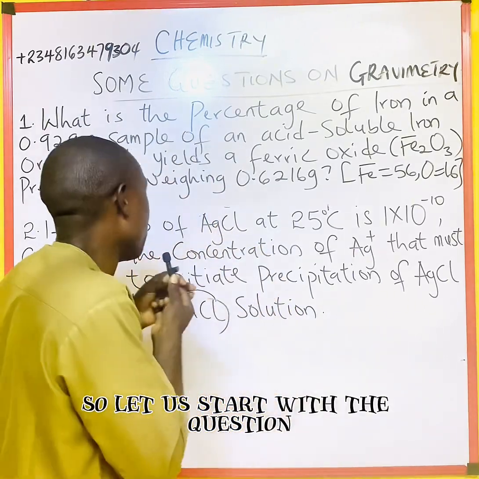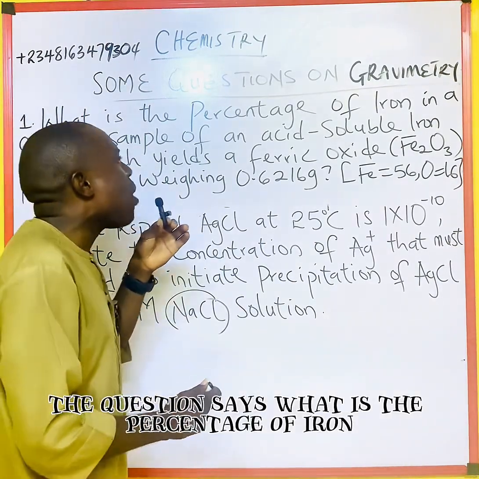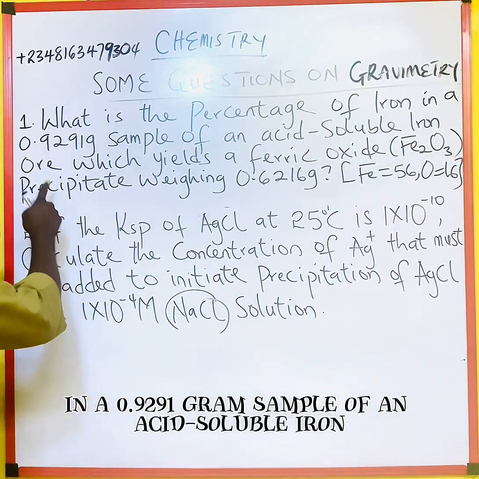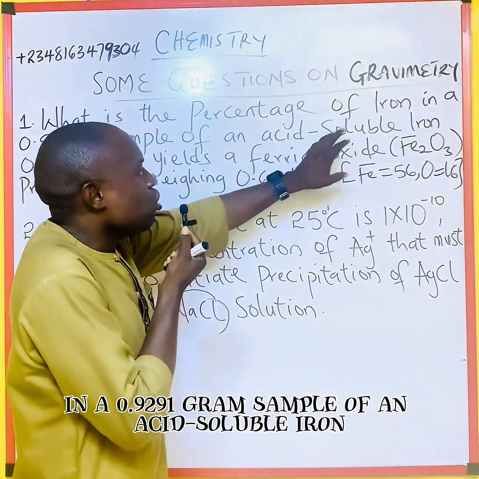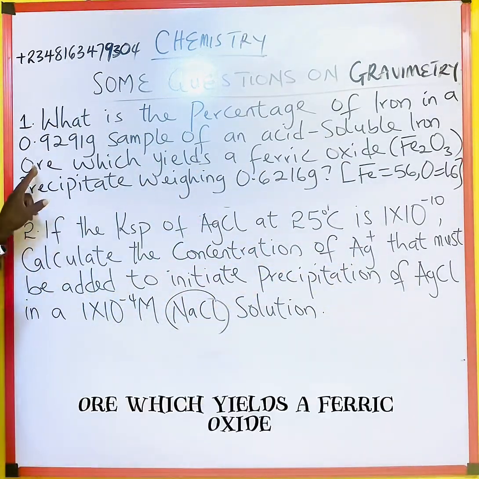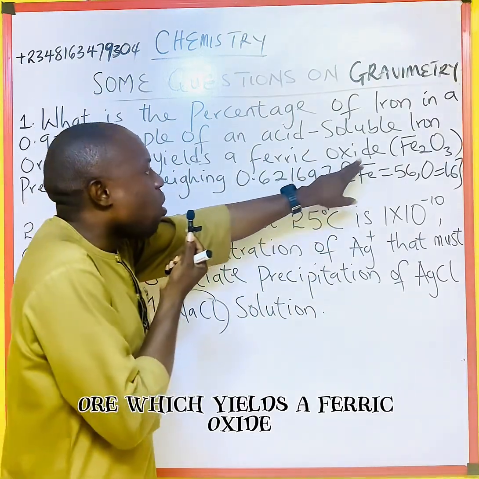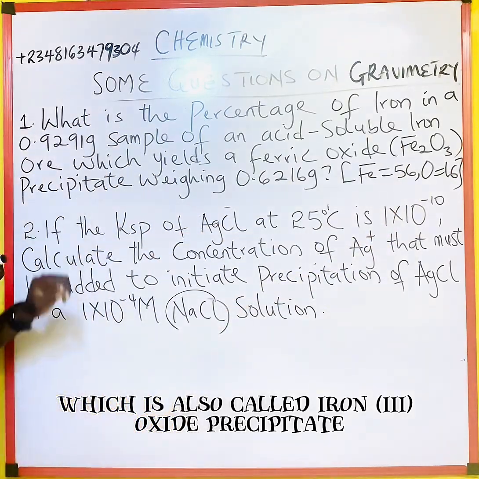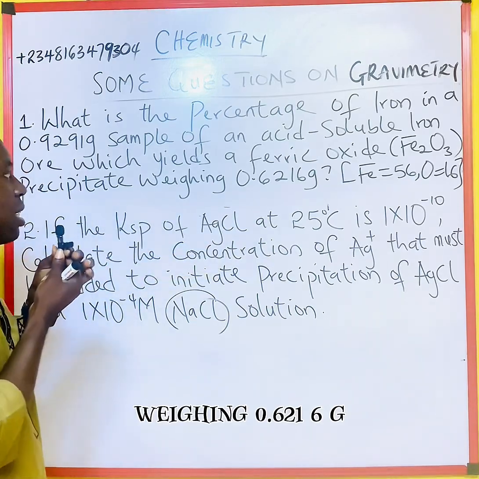So let us start with the question. The question says, what is the percentage of iron in a 0.9291 gram sample of an acid soluble iron ore, which yields a ferric oxide, which is also called iron oxide precipitate, weighing 0.6216 gram.